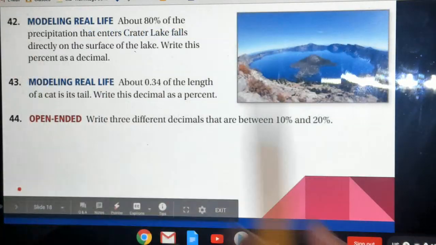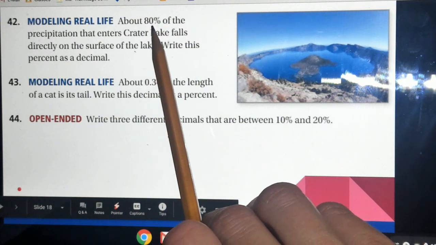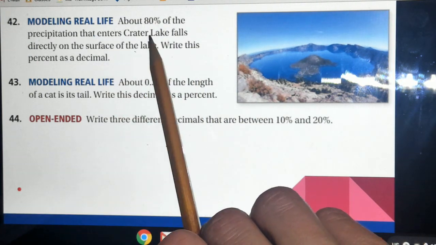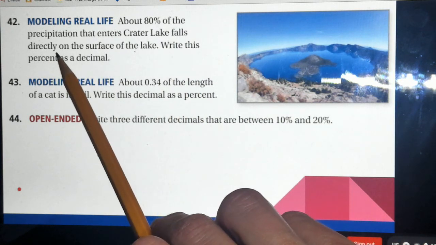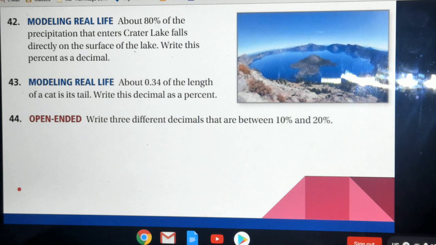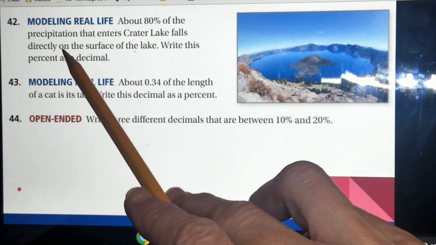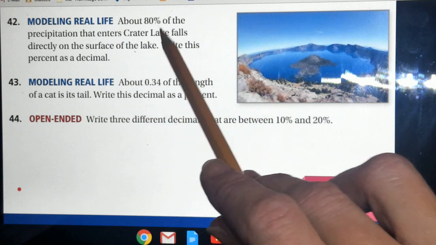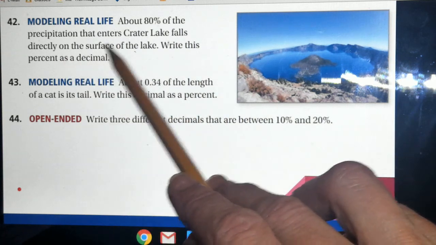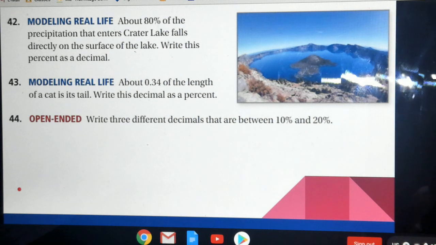Okay? All right. So this one says about 80% of the precipitation that enters Crater Lake falls directly on the surface of the lake. Let me try that again. About 80% of the precipitation that enters Crater Lake falls directly on the surface of the lake.